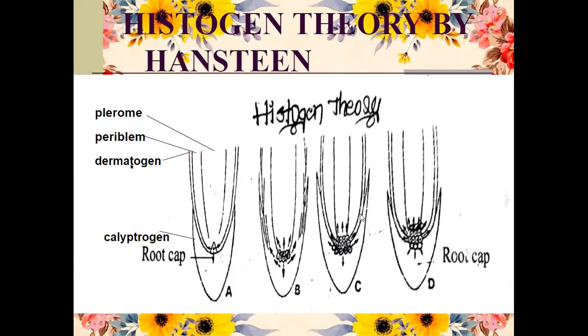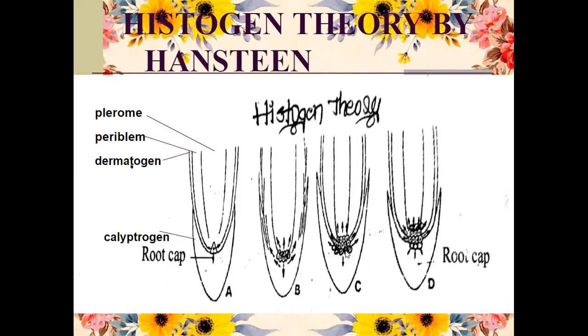They develop into the epidermis of the root, called dermatogen, and they also develop into calyptrogen. Calyptrogen also develops into the root cap. In dicotyledons, both dermatogen and calyptrogen layers develop from the lower histogen tissues.